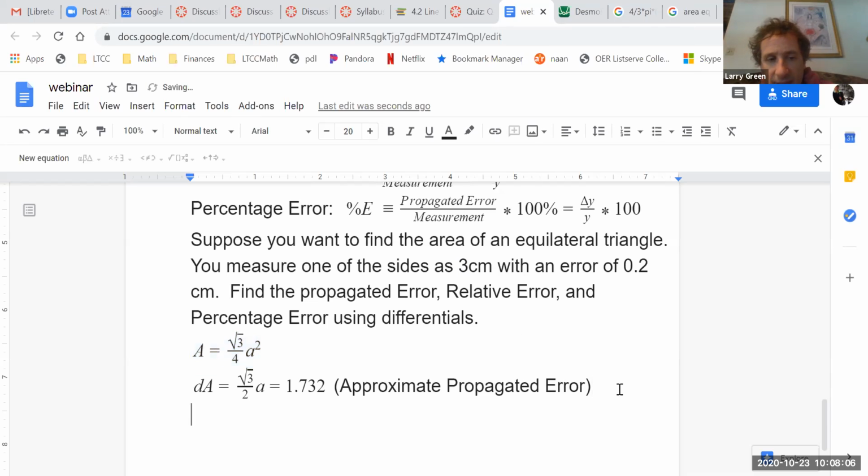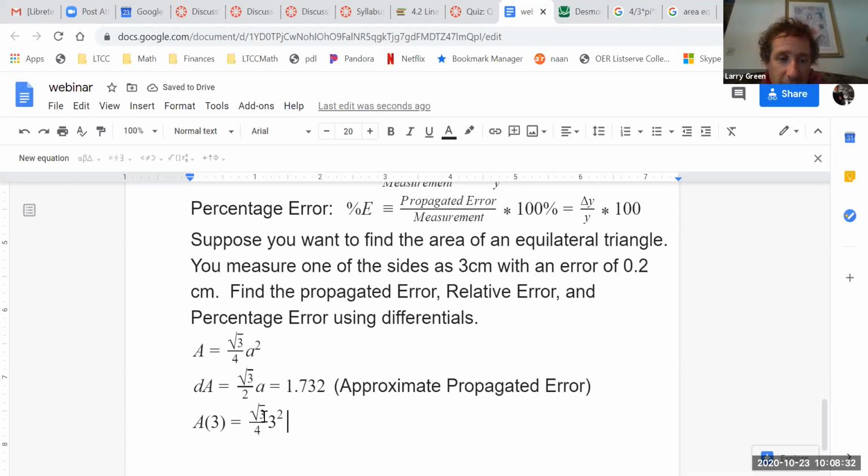So notice that A of 3 is equal to the square root of 3 over 4 times 9, or 3 squared, might be easier to type that way.